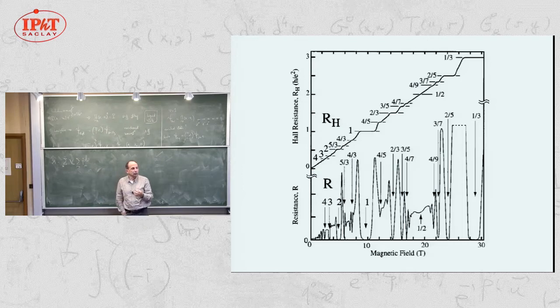And if we are dealing with spinless fermions, this m should be odd. And these V_m, it's a set of discrete numbers that we've called pseudo-potentials.